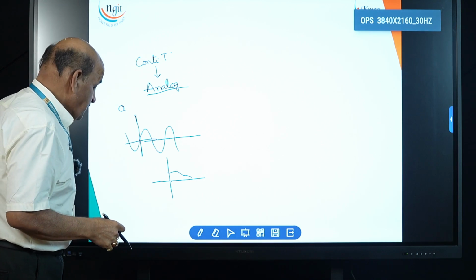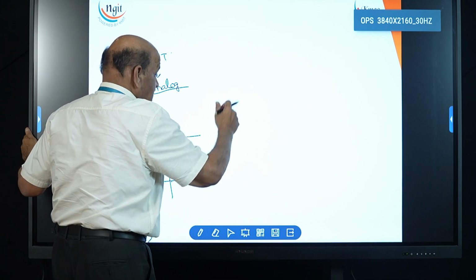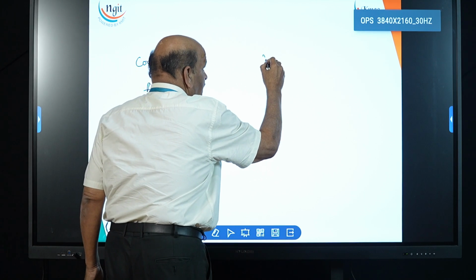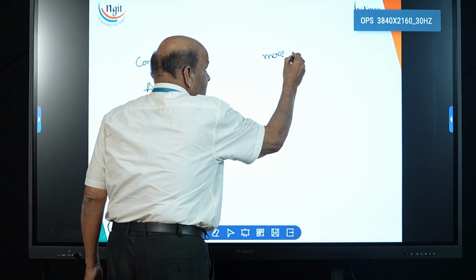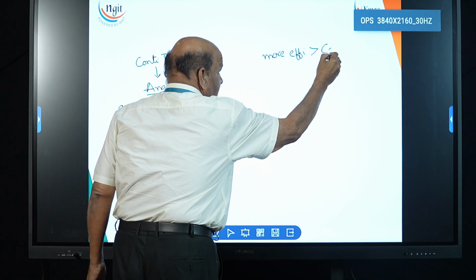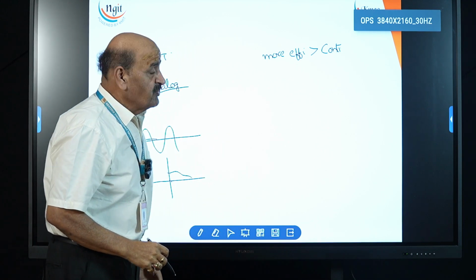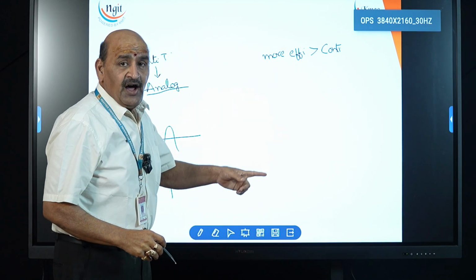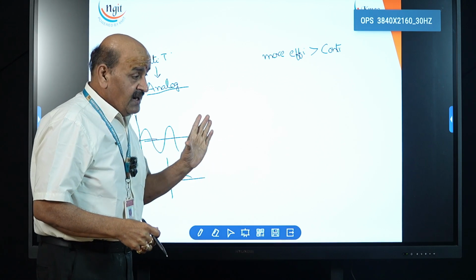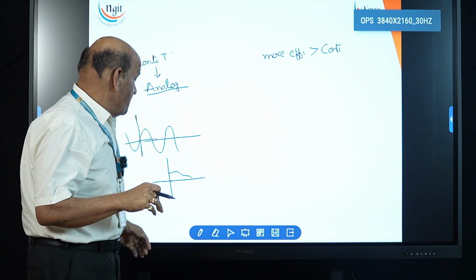In digitalization, digital signals are more efficient than continuous time signals. These signals occupy more space, but continuous signals occupy less space.